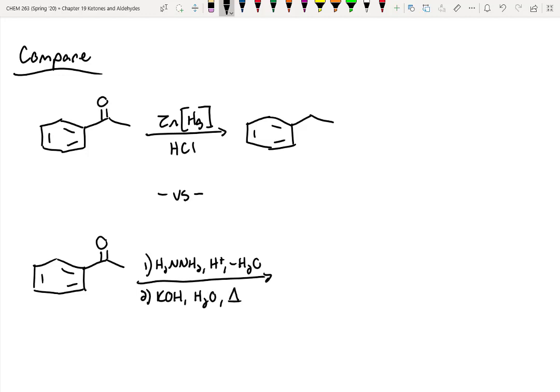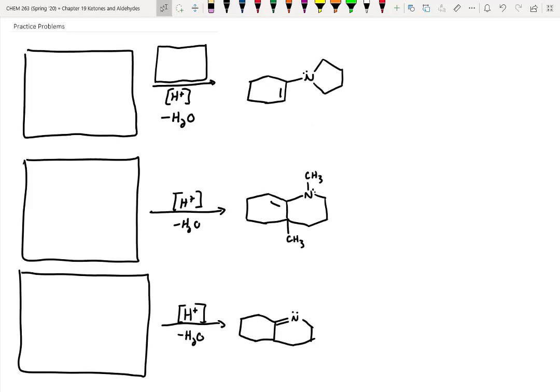That's the Wolff-Kishner reduction. In either situation, we get the same product. So then the question is, well, why would we do one over the other? We'll talk more about the pros and cons of each of these reactions later, but for right now, let's just leave it as is, and then we'll come back and look at the pros and cons for these various reduction reactions later.